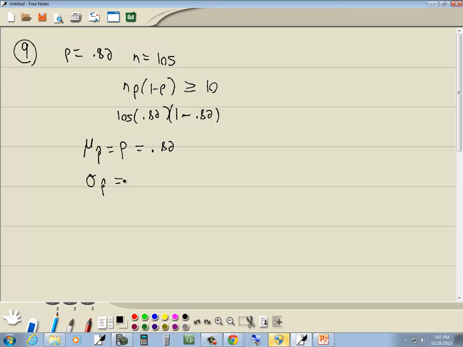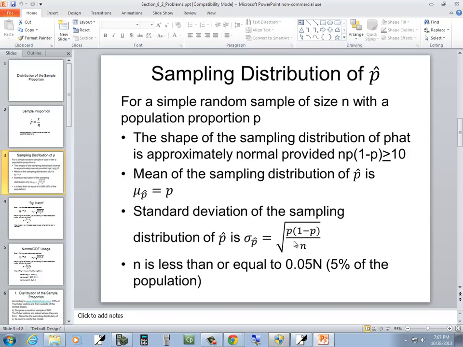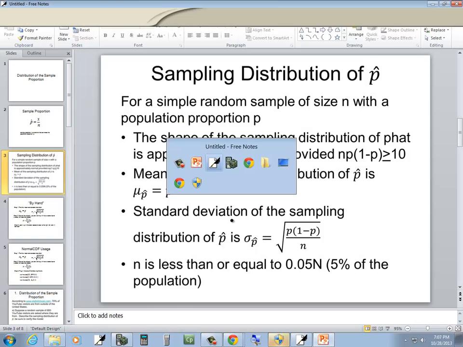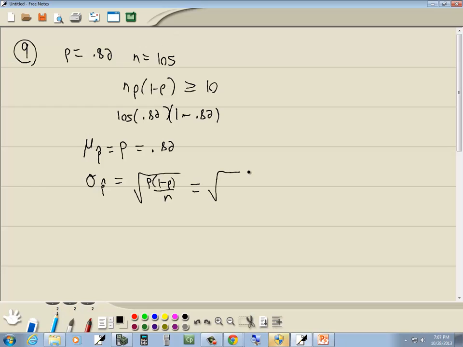Sigma sub p hat is going to be equal to this formula, square root of p times 1 minus p divided by n. So p was 0.82 times 1 minus 0.82 divided by n, which is 105. Let's see what that gives us.